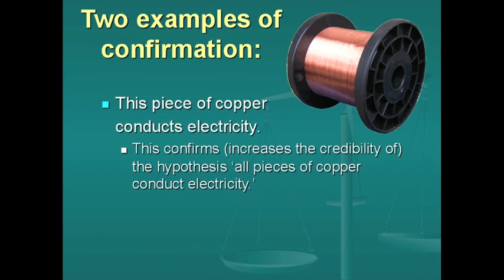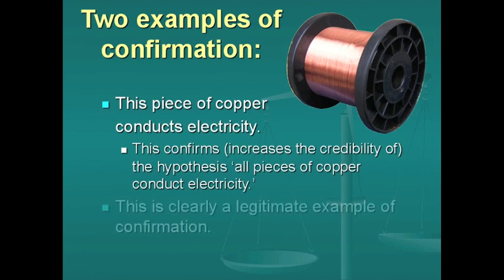And by confirms here, I mean it increases the credibility of the hypothesis that all pieces of copper conduct electricity. It doesn't prove it in the logically deductive sense, but certainly the more pieces of copper that you test and the more that conduct electricity, the more confident you can say that your theory that copper conducts electricity is true.